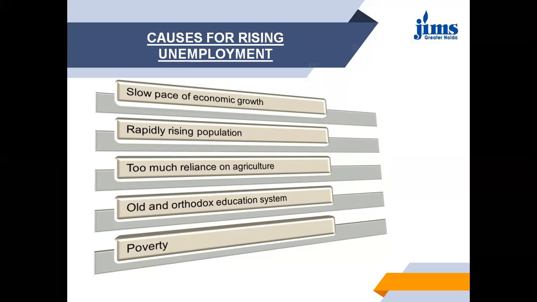So this is a major cause of unemployment in India. Next is poverty. In India, the number of people below the poverty line is very high, and obviously they are not well educated to do a particular job. Most people are poor in India, and due to that, they are unemployed.